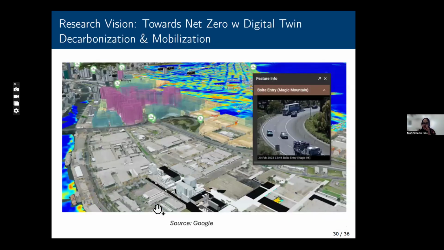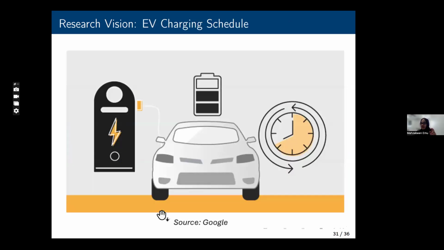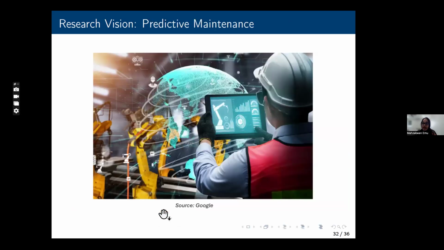Some of my future research projects are digital twin decarbonization and mobilization with quantum optimization techniques, and EV electric vehicle charging, optimal charging schedule generation with quantum computing. And predictive maintenance, because we don't have enough faulty data of an industry or a manufacturing process, right? In that case, quantum machine learning can be useful because it can learn even with limited or imbalanced data, right?